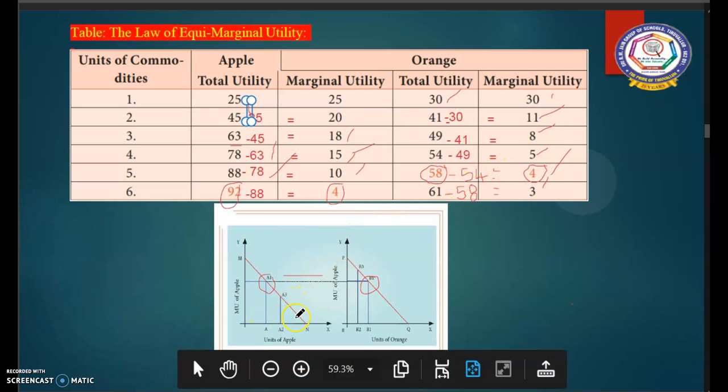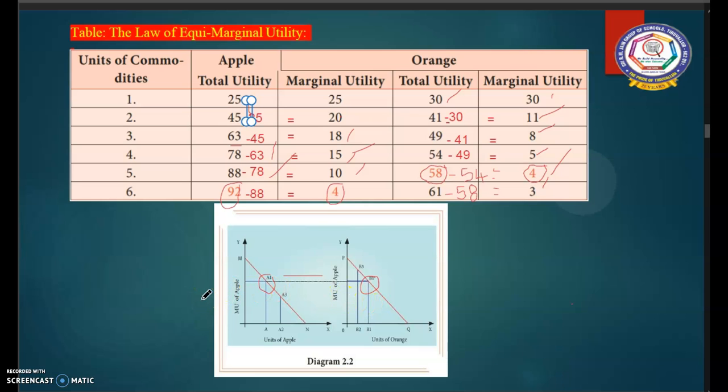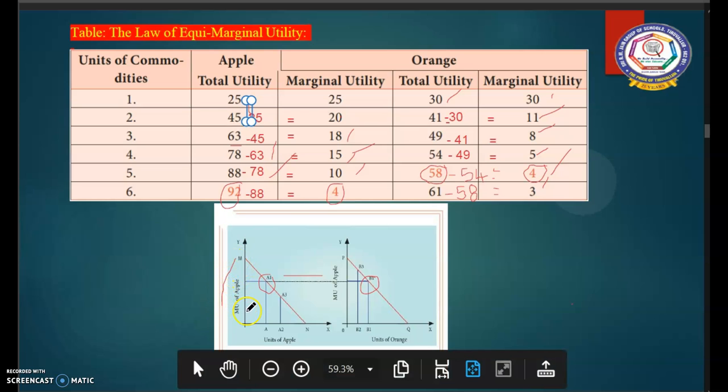So in this graphical representation also, the A2, A3, B2, B3 lines have not been used for explanation. In this diagram, the X-axis represents the amount of money spent and the Y-axis represents the marginal utilities of apple and orange.